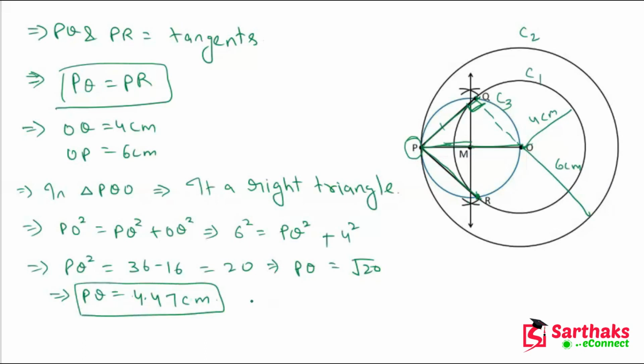This is our answer. So if PQ is equal to 4.47 centimeter, then PR is also equal to 4.47 centimeter. I hope you get this point.